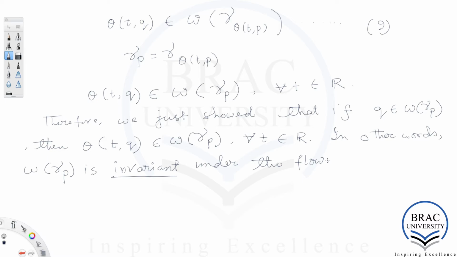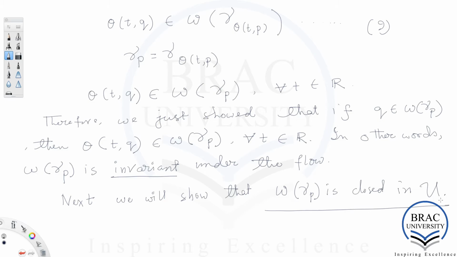Okay, next we'll show that the omega limit set of the orbit of p is closed in U. This is what we will show now.